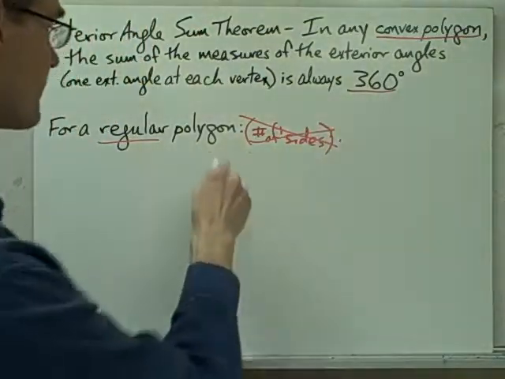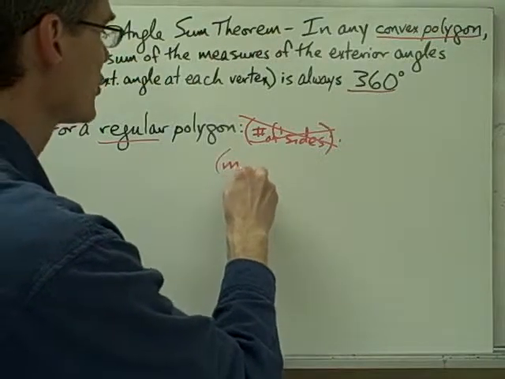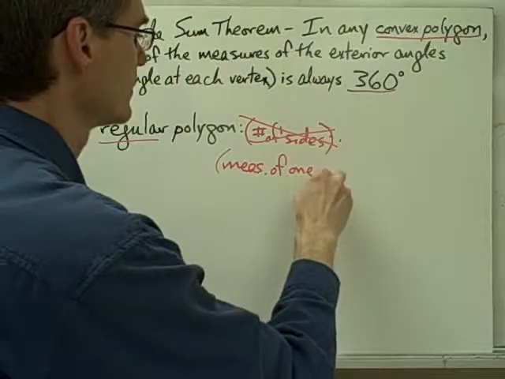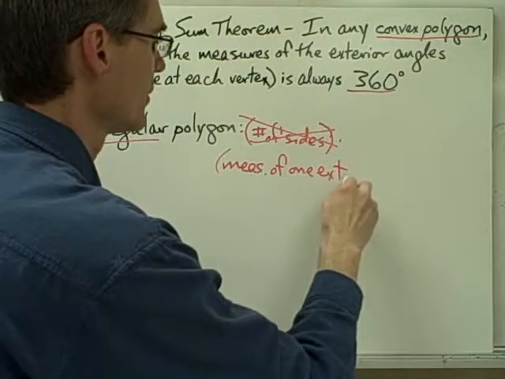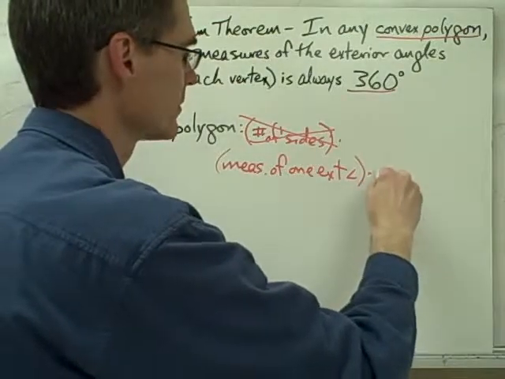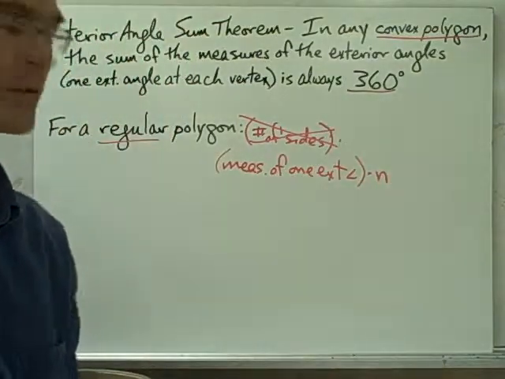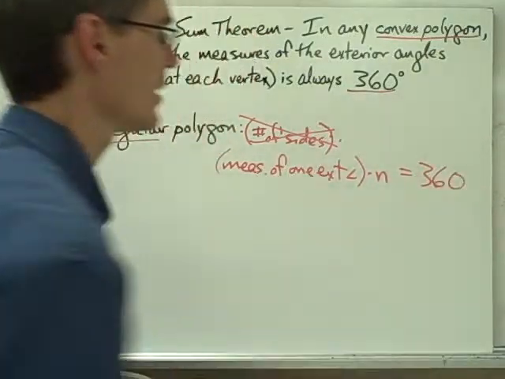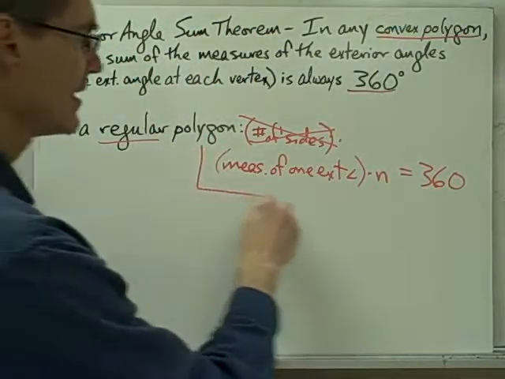Let's write it like this. The measure of one exterior angle of the polygon times n, where n is the number of sides, is always equal to 360.